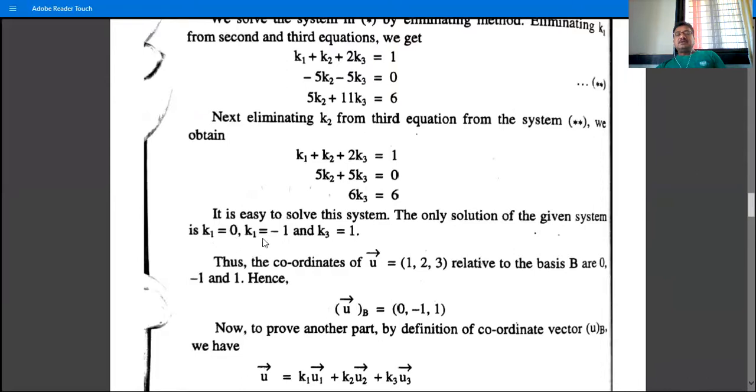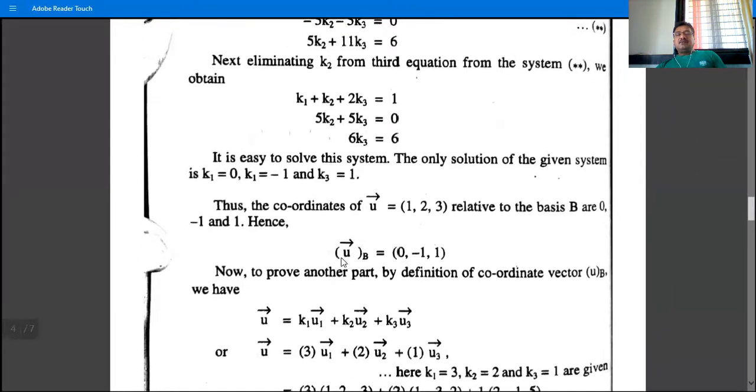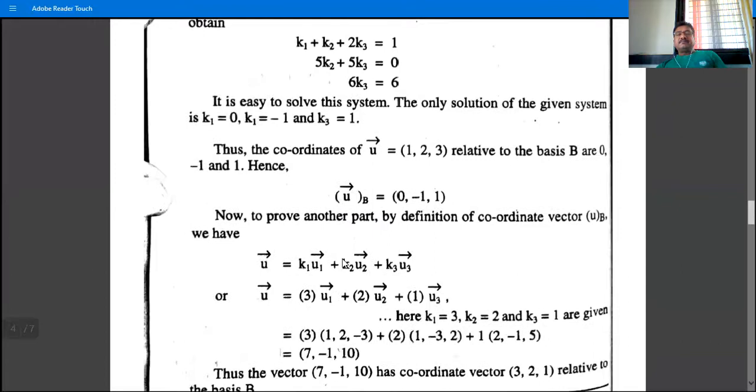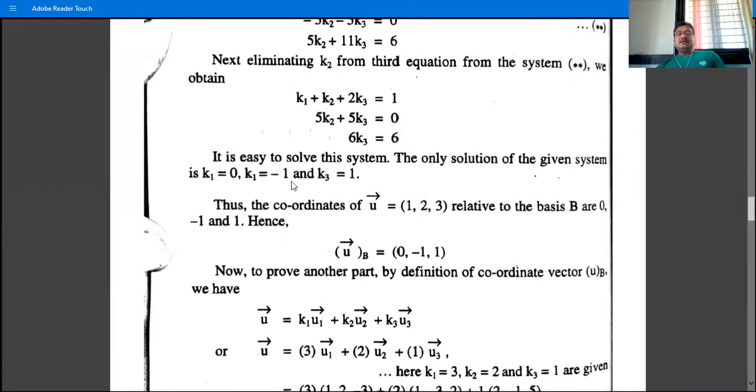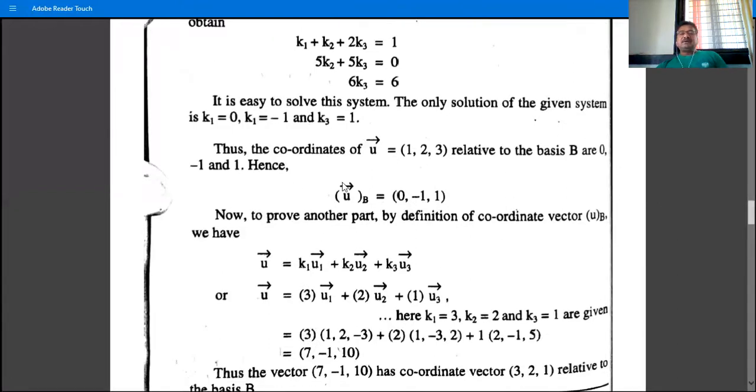So we have the values of k1, k2, k3: k1 is 0, k2 is minus 1, and k3 is 1, and therefore the coordinates of 1 2 3 relative to the basis b are 0, minus 1, 1, and the coordinate vector is, in round brackets, 0 comma minus 1 comma 1. So this is the coordinate vector, and these are the coordinates.